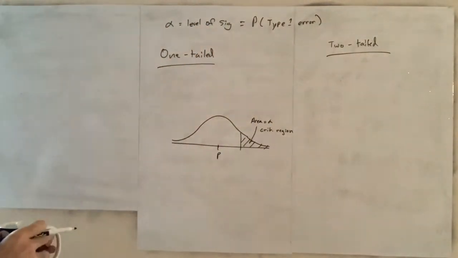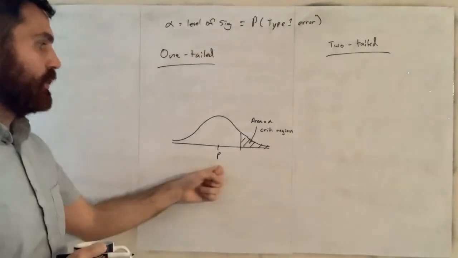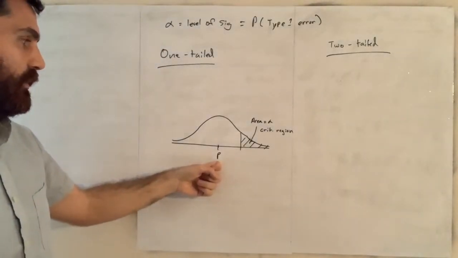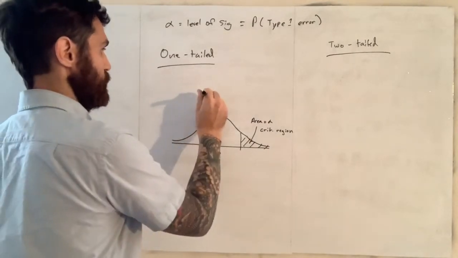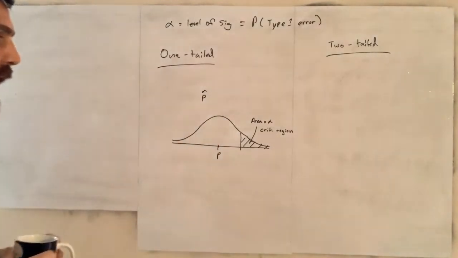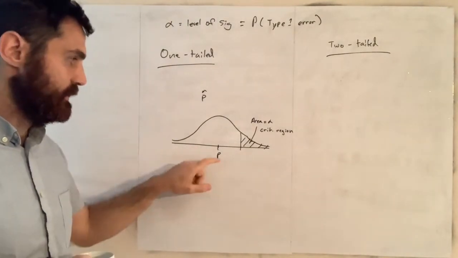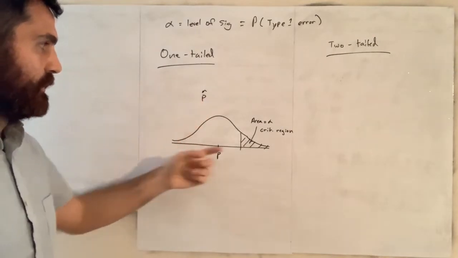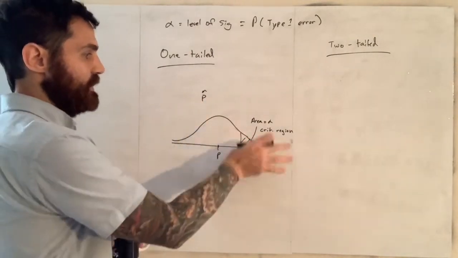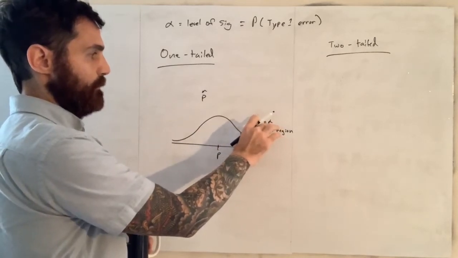How you want to interpret that alpha is, here you have your given parameter that lives on your distribution of p hat. This follows from the null hypothesis. And you set this up, and you have this area region that's equal to alpha.